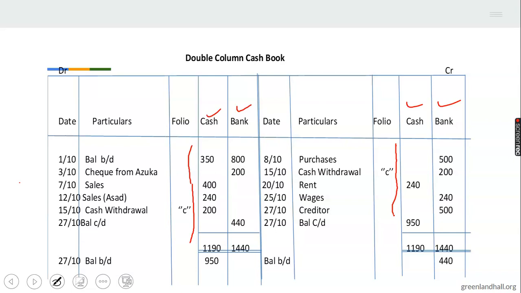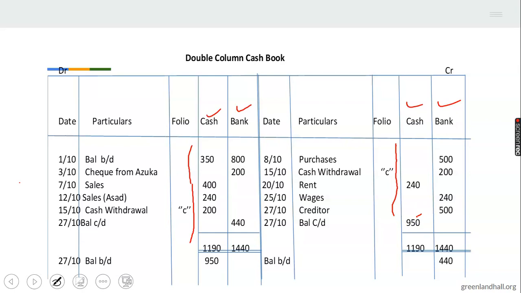If you add 950 naira to 240 naira, that will give us 1190 naira, thus making the two cash columns equal. So the balance brought down as at 27/10 for the cash column is going to appear under this place. It will be 27/10 balance brought down under the cash column, 950 naira.